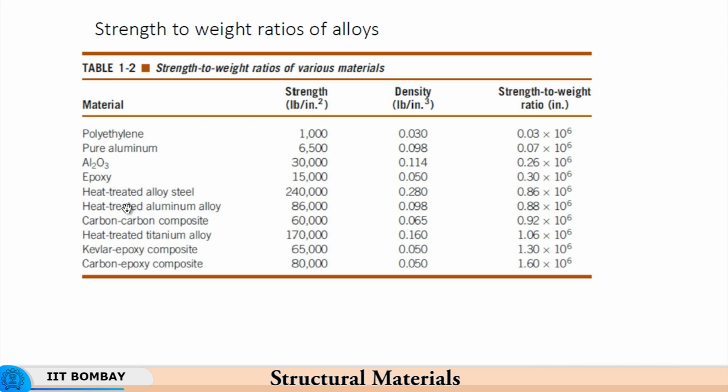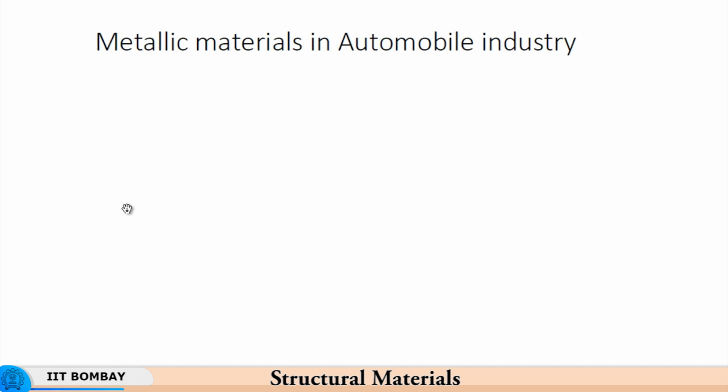Here the strength to weight ratios have been compared for a number of materials. You have aluminum having this density and a certain strength to weight ratio, and then carbon epoxy composites having 1/6 of the value.